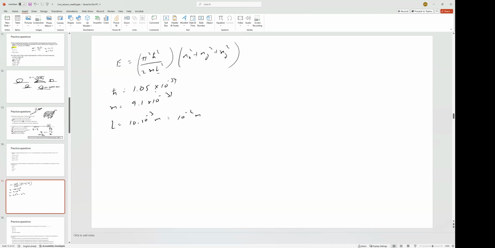And your nx, ny and nz equal to 1. So energy is equal to pi square times 1.05 into 10 to power minus 34 whole square, divided by 2 times 9.1 into 10 to power minus 31 into 10 to power minus 2 square.